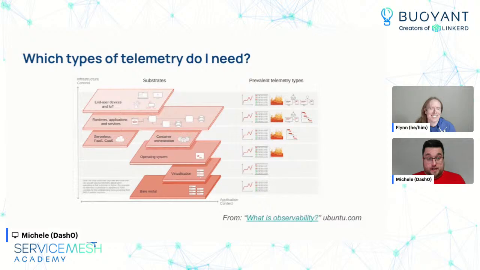Then you start going higher. Distribution starts creeping in. The moment you start talking about containerization or serverless, you start adding more and more leaky abstraction layers, unfortunately, to your stack, the more observability you need. Also, the less control you have on the technology underpinning your Java, Node.js, .NET, Go applications, the more observability you need.